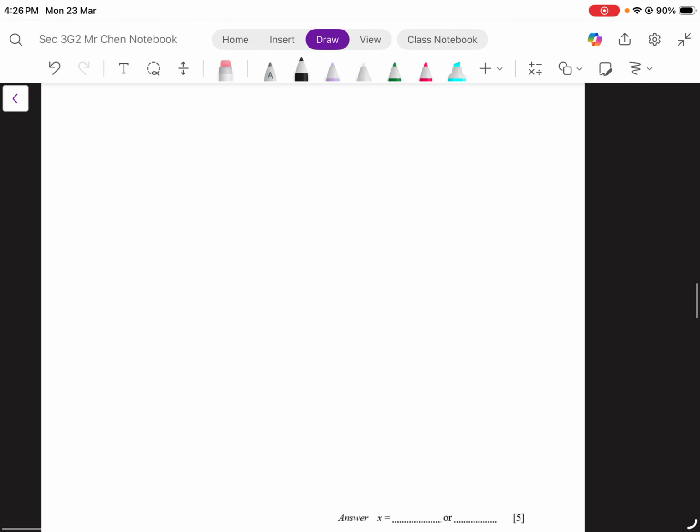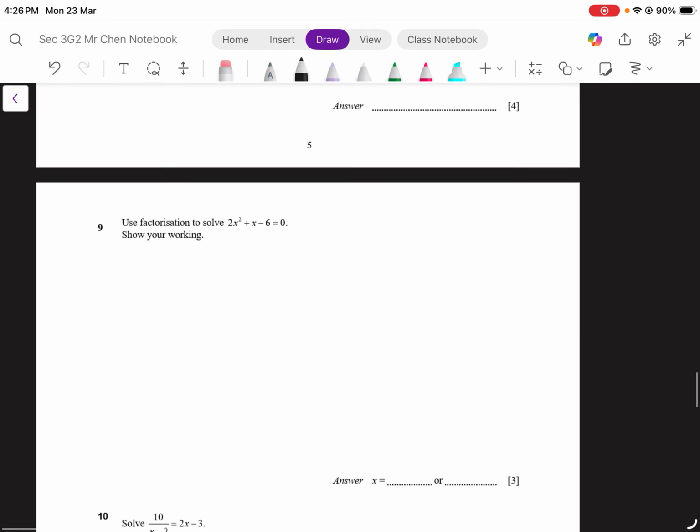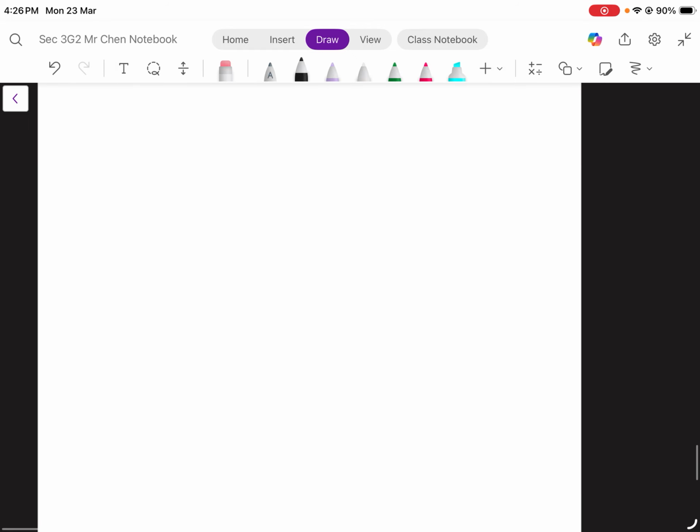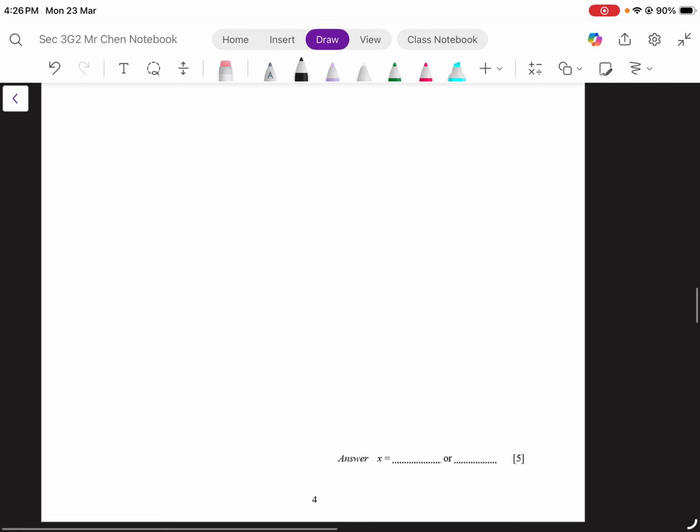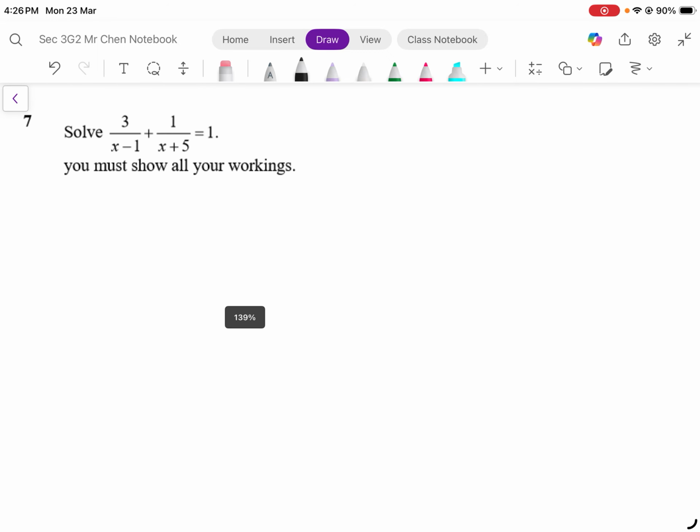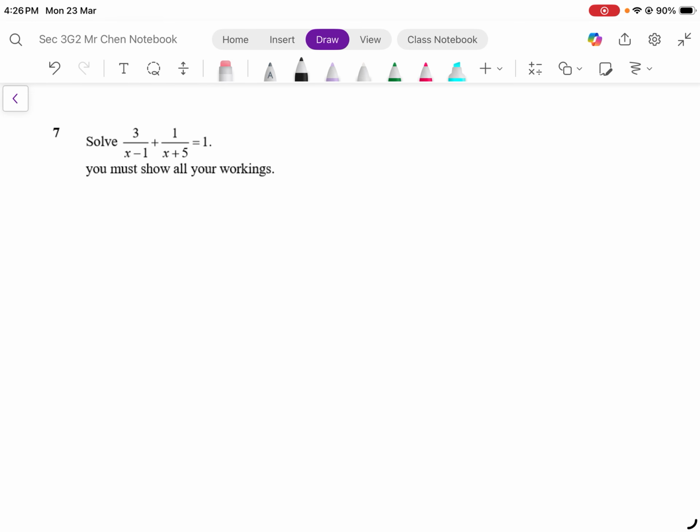Okay, we have another four questions. Okay, so same thing as this. This is exactly the same thing. First, you combine your fractions, right? So you get 3(x plus 5) plus 1(x minus 1) over (x minus 1)(x plus 5) equals 1. Okay, cross multiply. If you don't cross multiply, just multiply both sides.